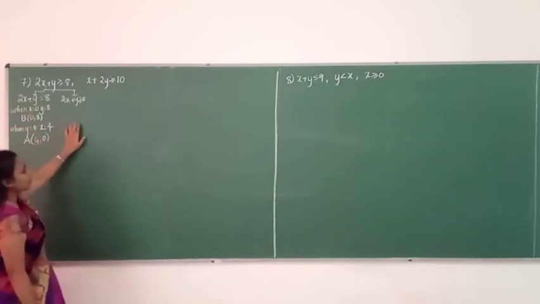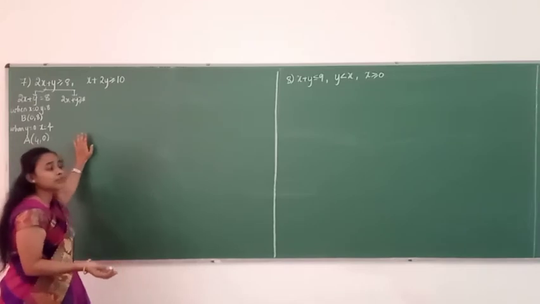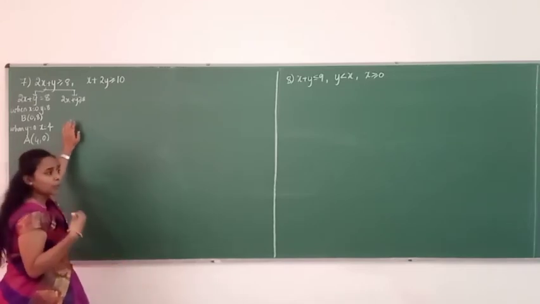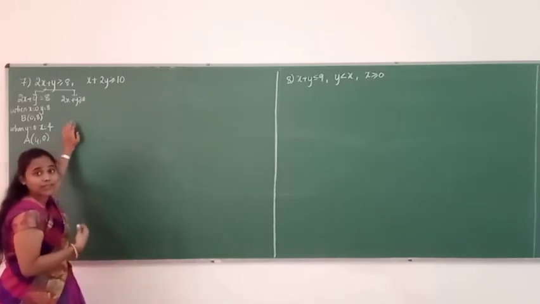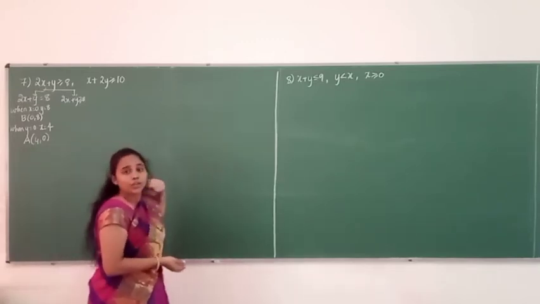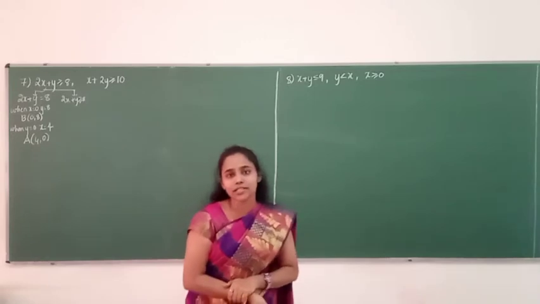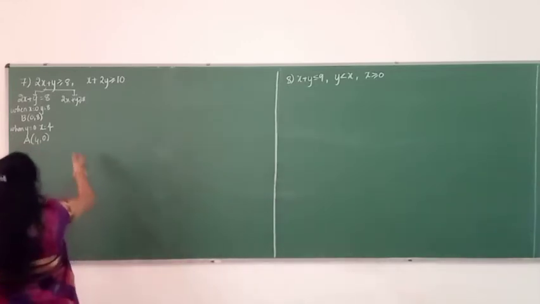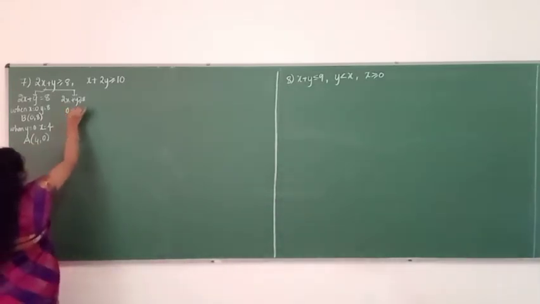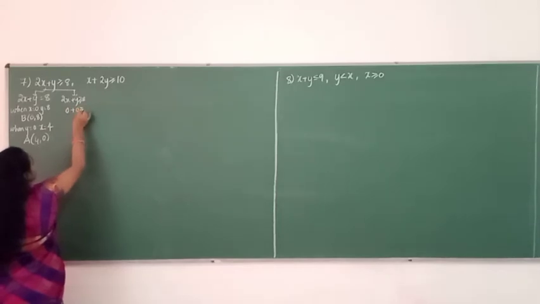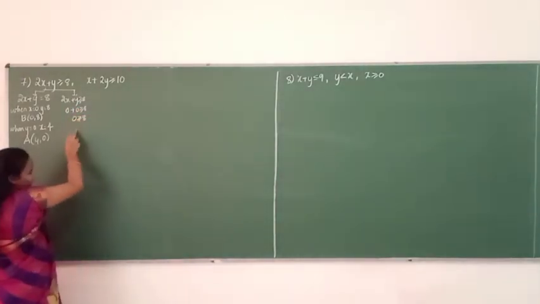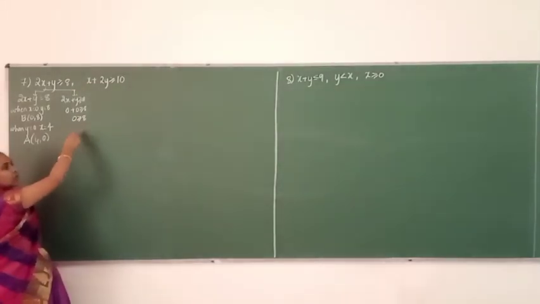Now to know whether the shaded region lies towards the origin or away from the origin, we substitute 0, 0. When we substitute 0, 0, we get 0 plus 0 is greater than or equal to 8. Therefore 0 is greater than or equal to 8. Obviously it is false, because 0 is not greater than 8.